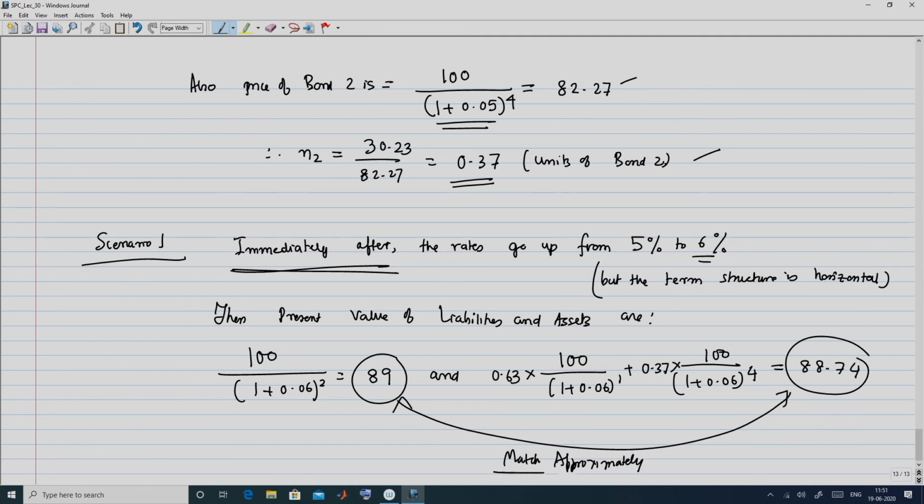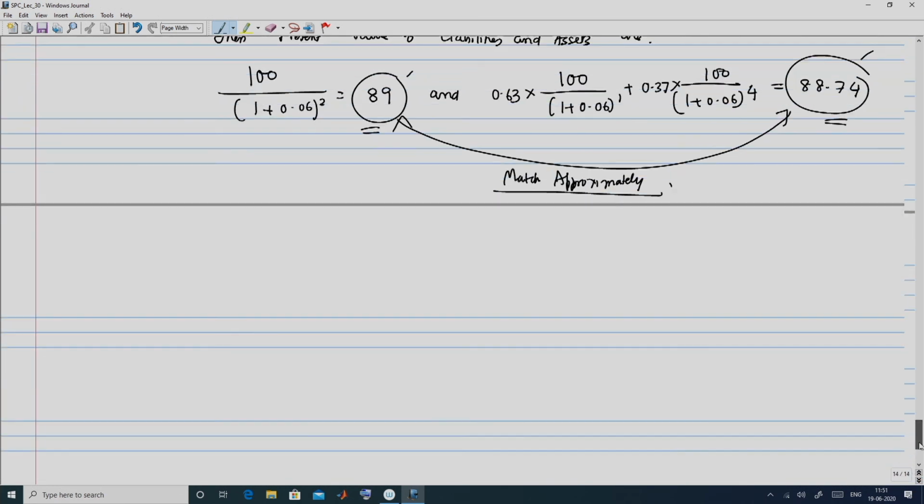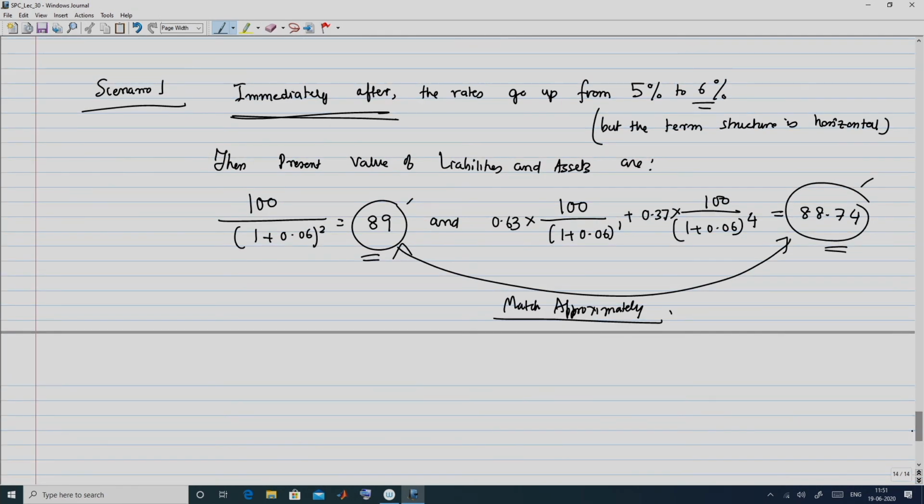So earlier these values were 90.74, but now they are almost matching, with a slight error resulting from the truncations resulting from the approximation used in determining the duration.